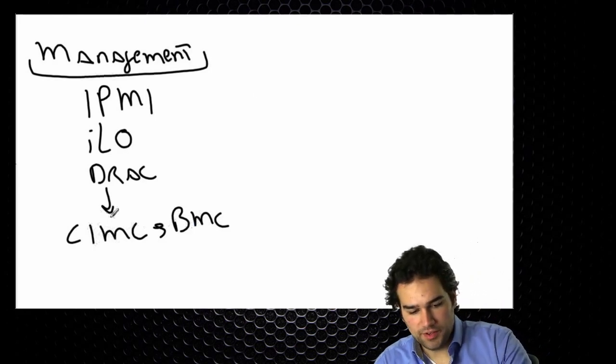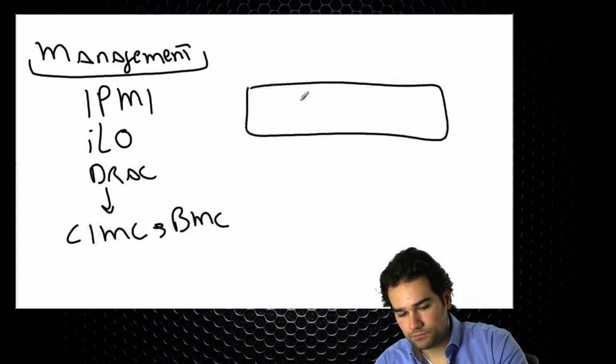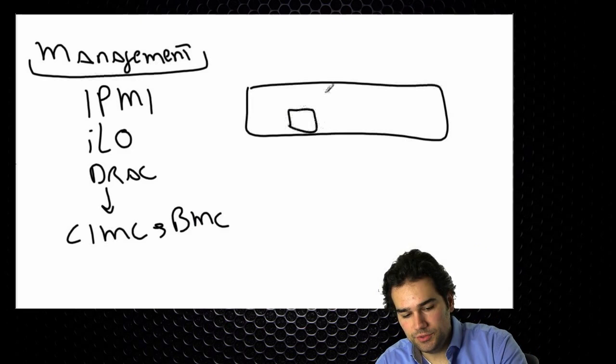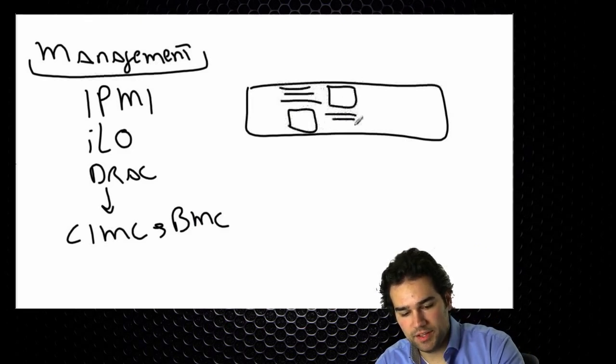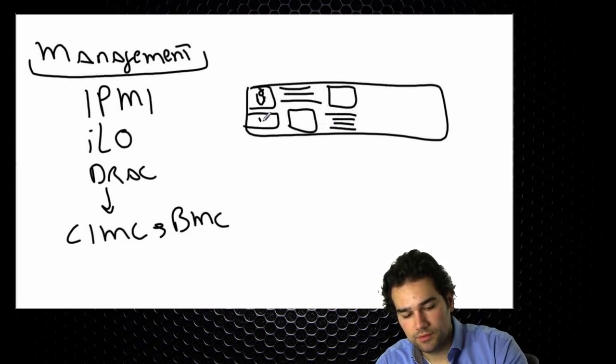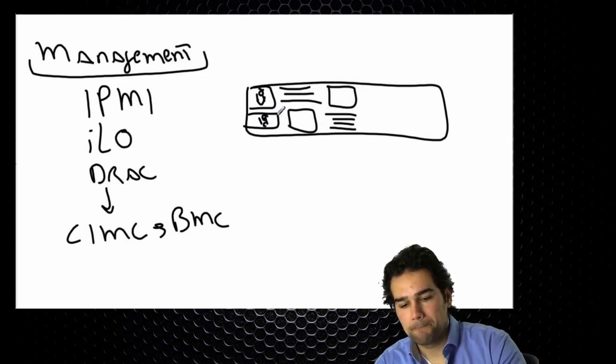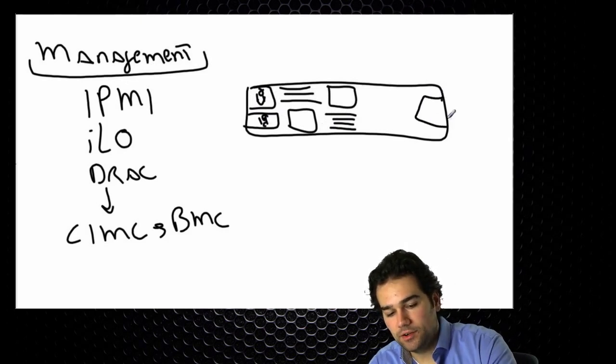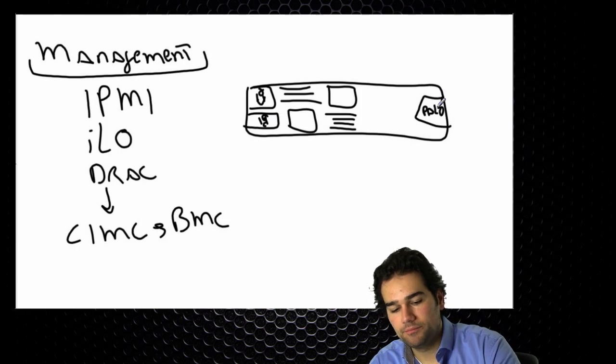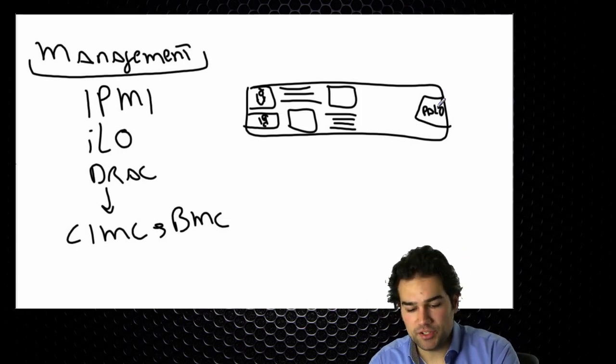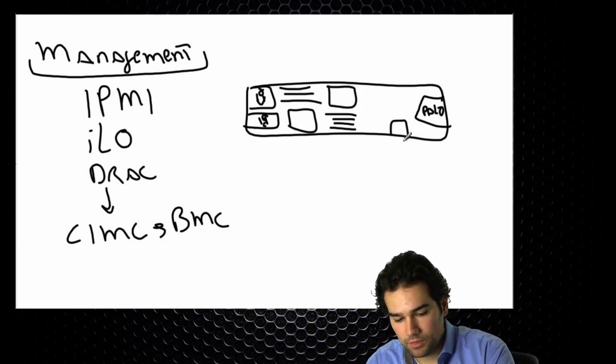Now if I take my blade, I run, let's say, my CPUs here. I have a few banks of memory, or a lot of banks of memory. I might have some local hard disks that I install in my server. I have that mezzanine card here, that Palo card in the back. And there's also a special chip that is called the CIMC.